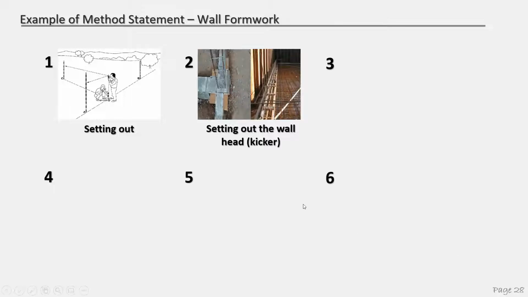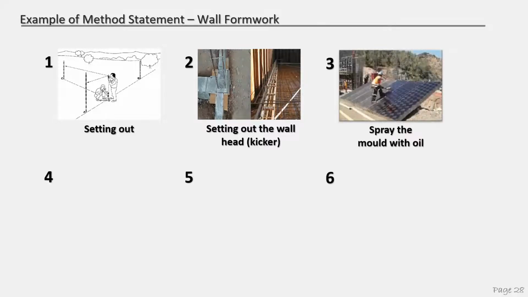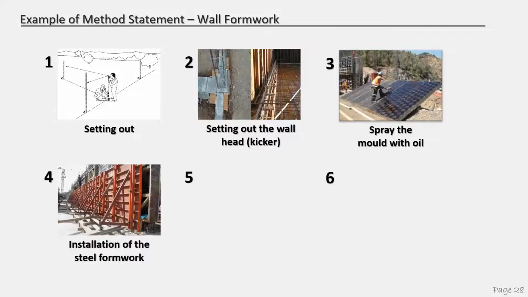Okay, wall head or kickers yang tadi saya kata, yang bawah ni, yang layer kayu yang paling bawah, and that is to ensure the stability and verticality of your formwork panel. So then spray mold with the oil. Okay, of course you have to spray with the oil to make it easier during the dismantle of the formwork.